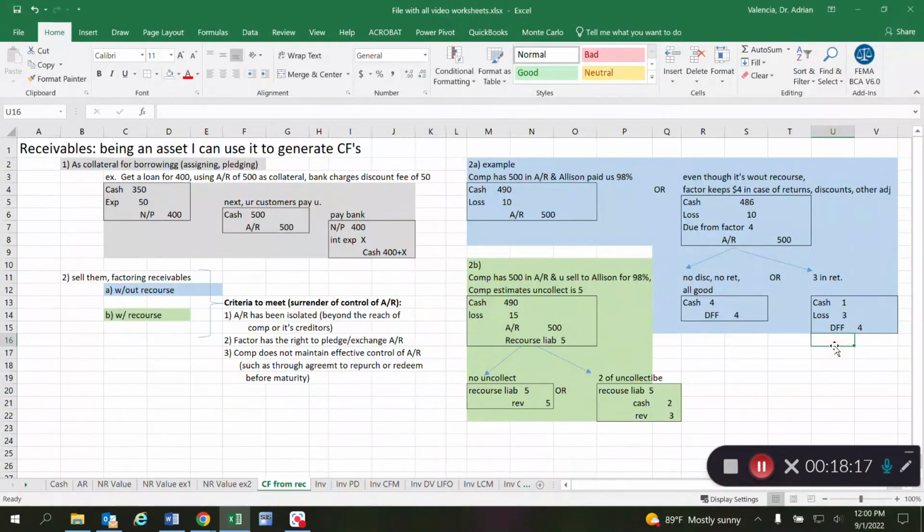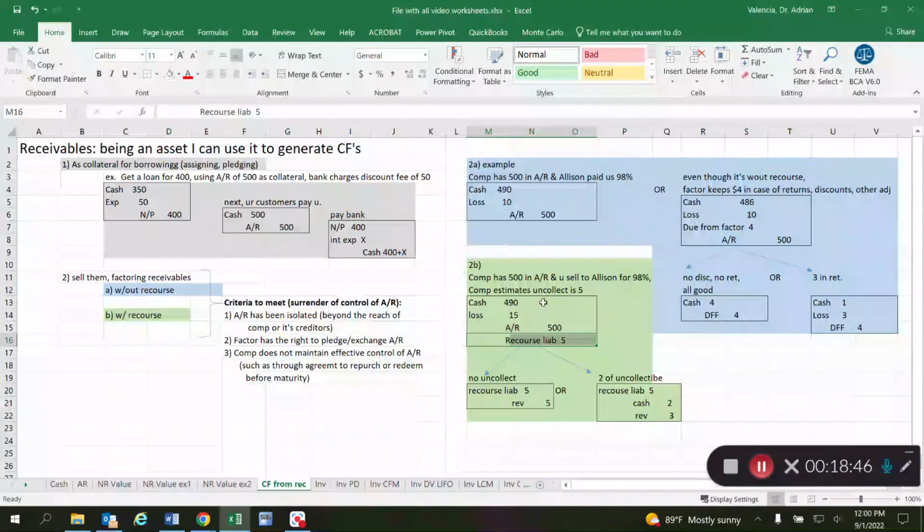And also, I think it's important to note that this concept of due from factor can also exist in the scenario of selling your receivables with recourse. So this could have both the idea of having to account for a recourse liability, and as well have to account for a due from factor component here. The due from factor, as was illustrated here, would simply reduce the cash that you receive right now.